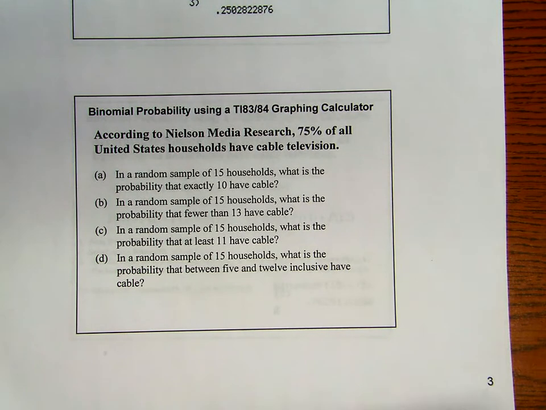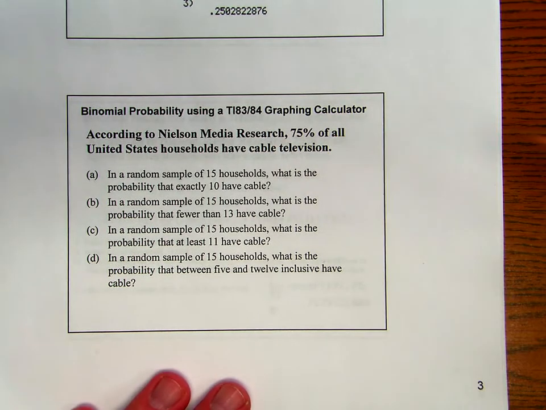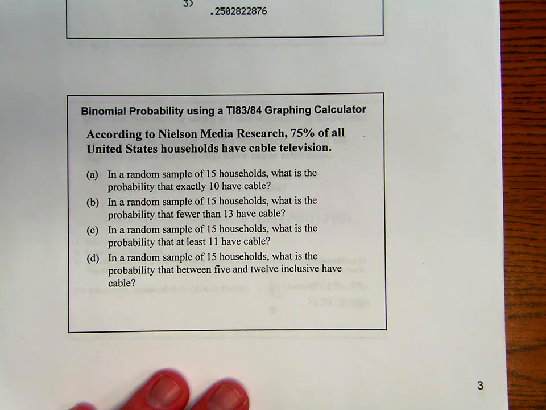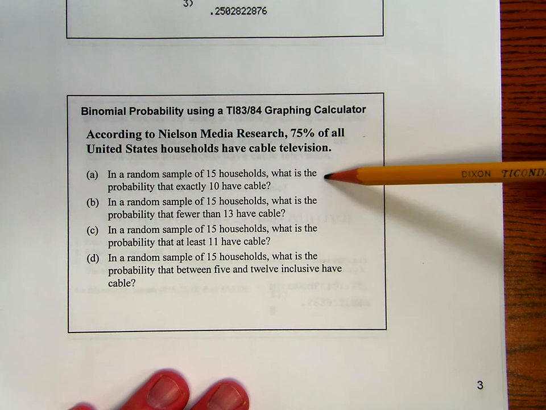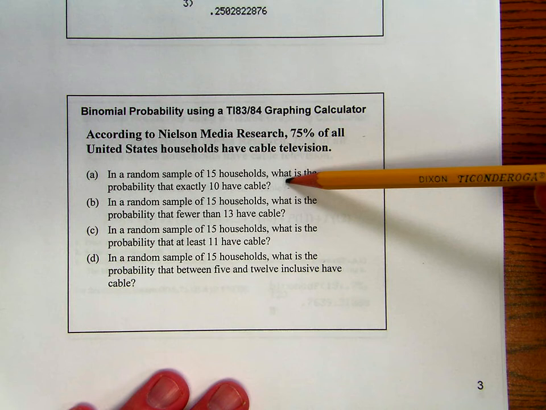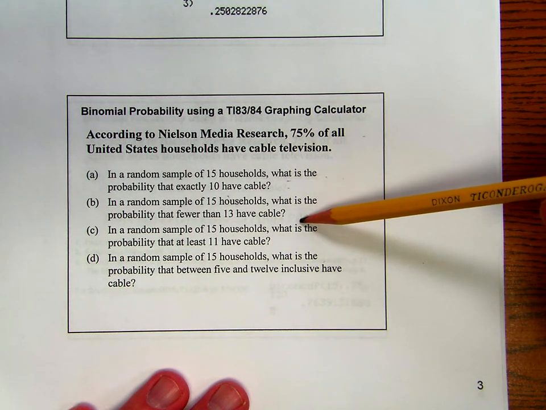So here's our scenario for the next set of examples. According to Nielsen Media Research, 75% of all United States households have cable television. So based on that fact, here are some probability questions we could ask. In a random sample of 15 households, what is the probability exactly 10 have cable? Random sample of 15, what's the probability fewer than 13?